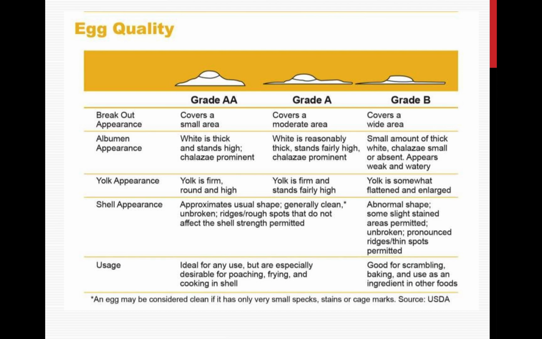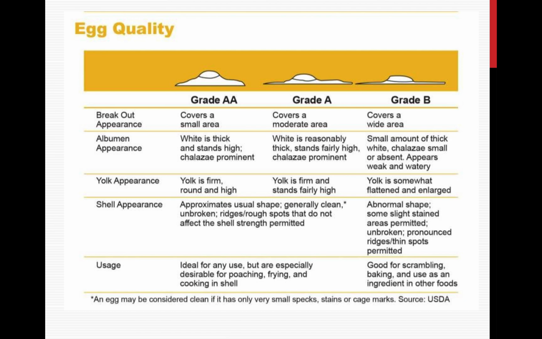Now, if we grade eggs on the basis of quality, the following things will be considered. In case of double A grade, the breakout appearance will be that it covers a small area. Albumin appearance will be white, thick, and stands higher than the yolk, and the yolk portion is prominent in this kind of egg.